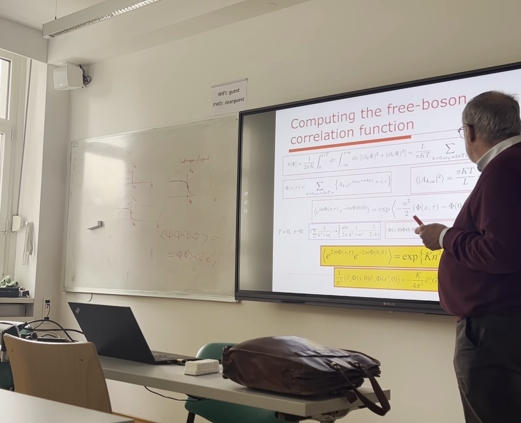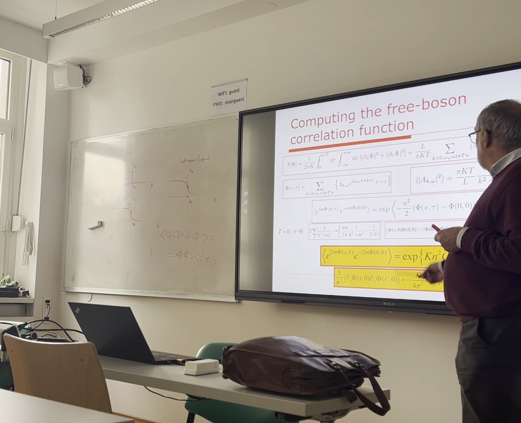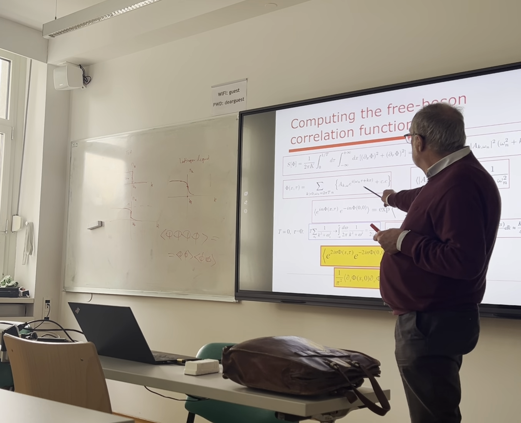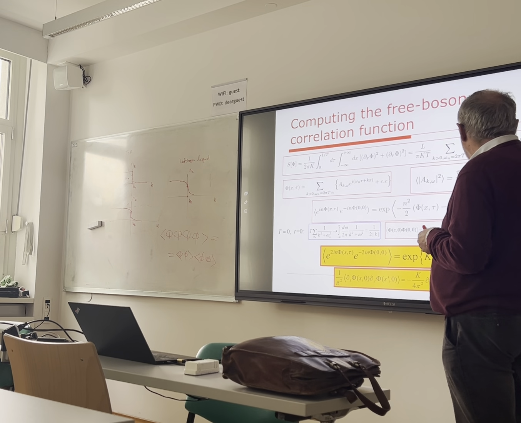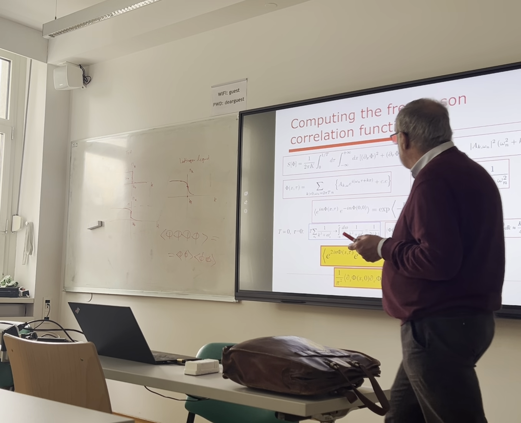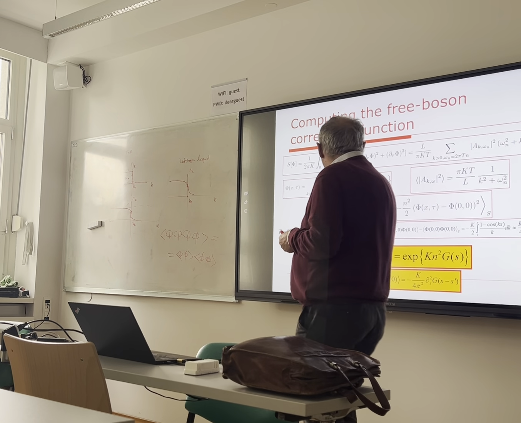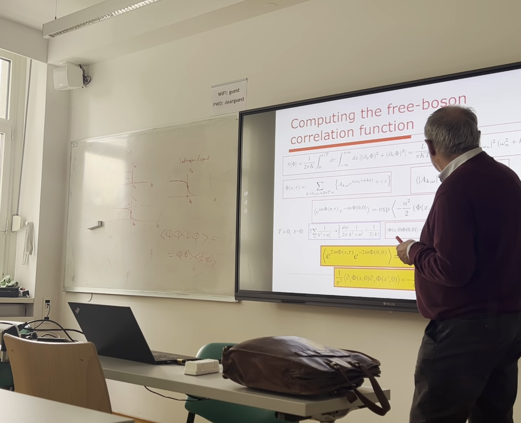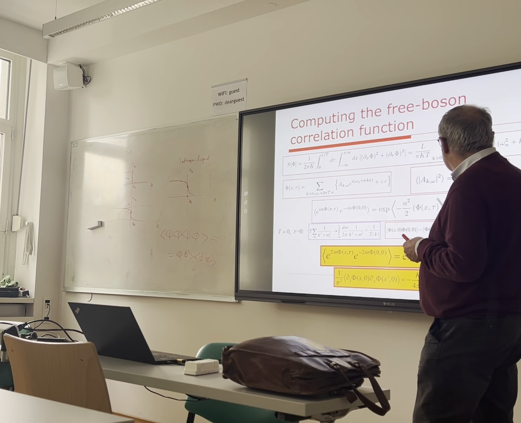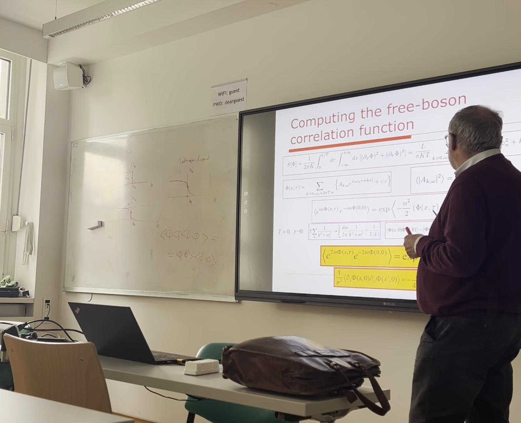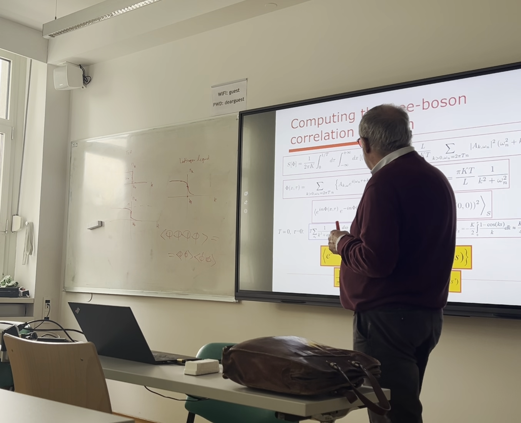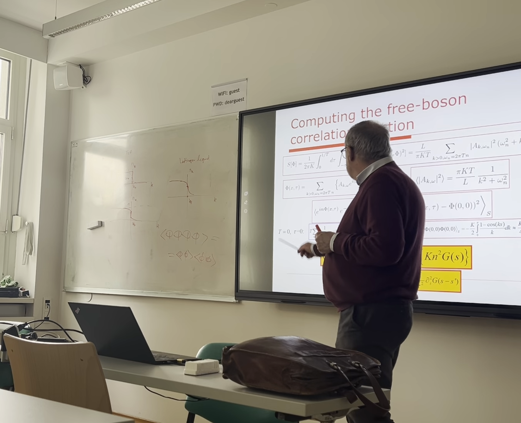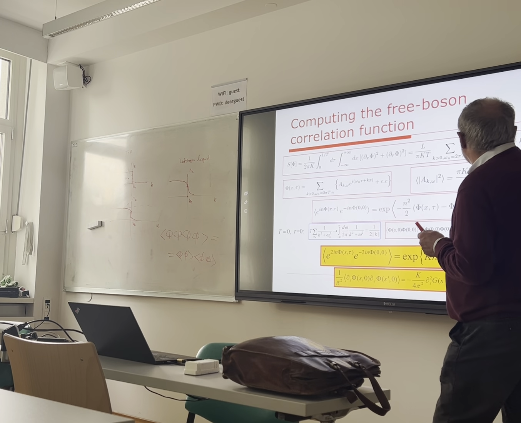And then I use this representation. And then let's consider tau equal to 0. So this is a specific correlation function, an equal time correlation function. And then temperature 0, which eliminates this discreteness.